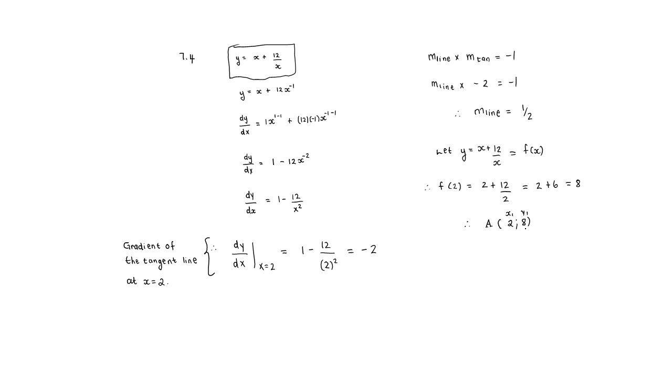Now we are ready to find the equation of this line, which is just a straight line. It's defined by y minus y1 equals gradient times x minus x1. If you want to make this more specific, you can talk about y minus the y value at A equals the gradient of our perpendicular line times x minus x at the point A. Now you're ready to do all your substitutions.